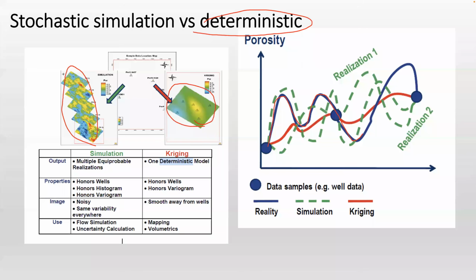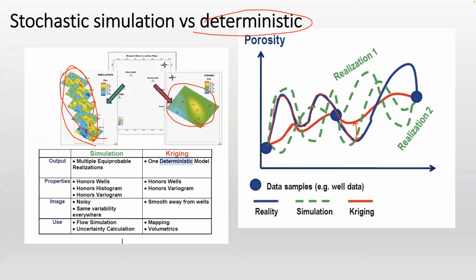But if you use the deterministic method, in some parts it underestimates the property, and in some parts it overestimates the properties. But when you use the stochastic simulation method, because of different realizations, it gives you a better result.